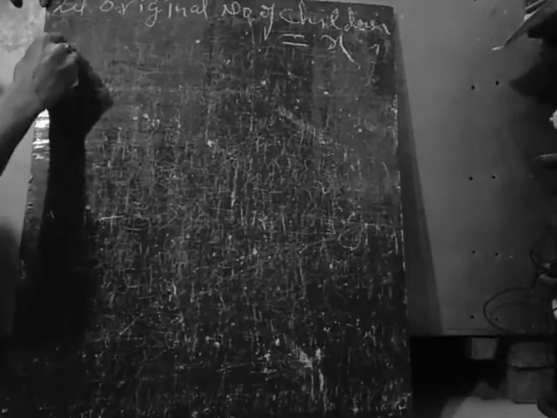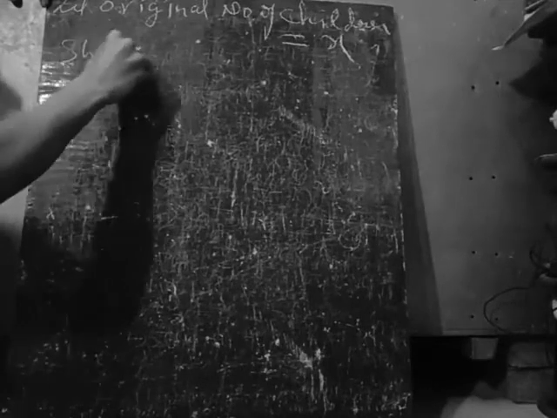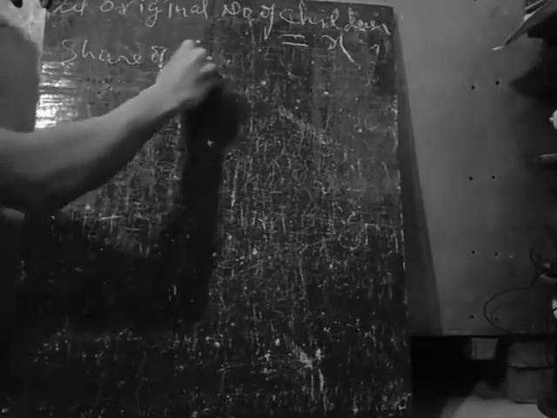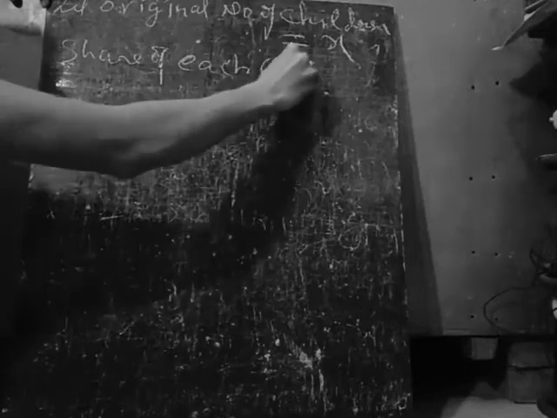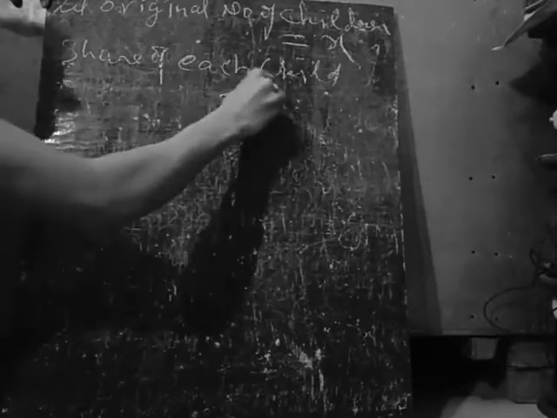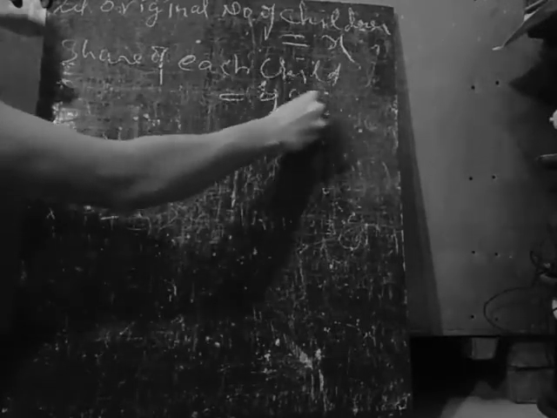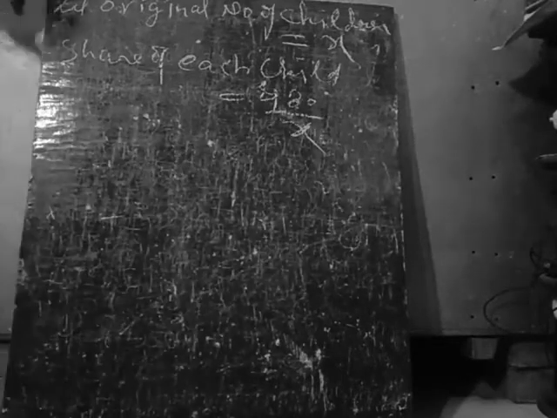Then the share of each child is equal to 480 upon x.